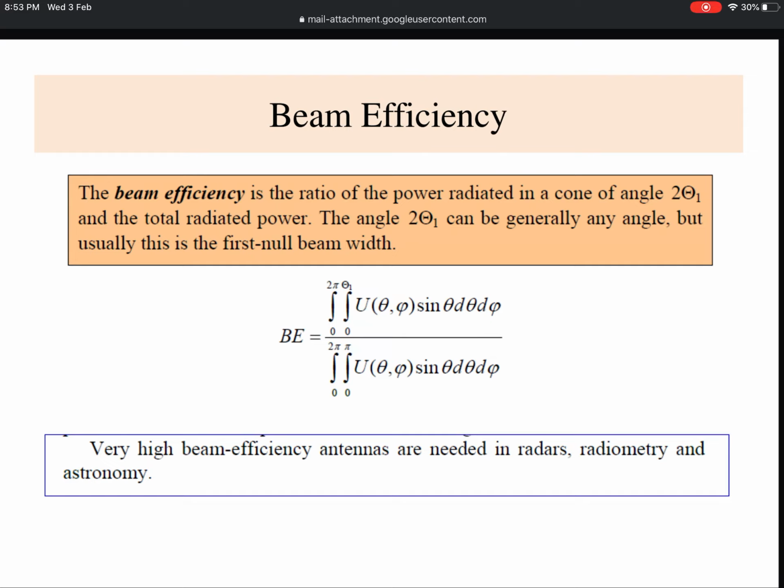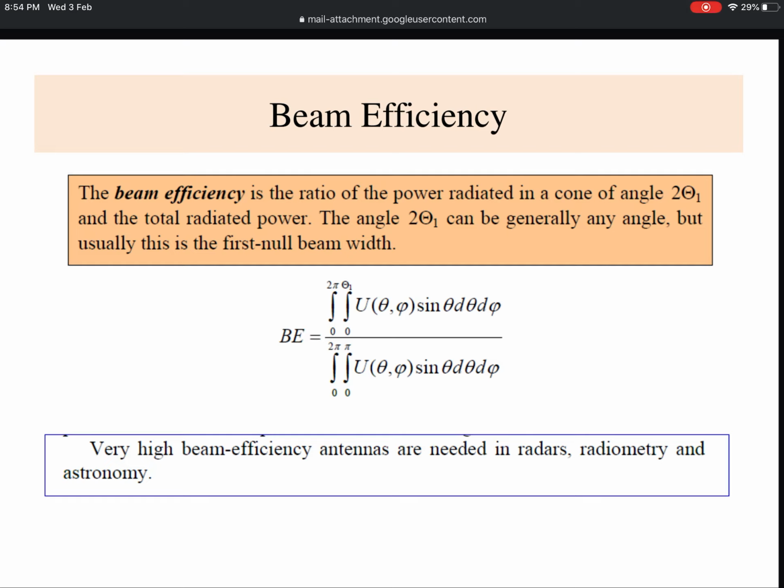And one more thing I have to reconfirm: not all antennas will have all kinds of losses. Suppose some antennas are made only with metal, so there will be no dielectric loss, and the majority of the loss will come from the conduction losses. That is why these efficiency parameters, which are composite in the form of reflection efficiency, e_c, e_d, e_r, may not all be present.